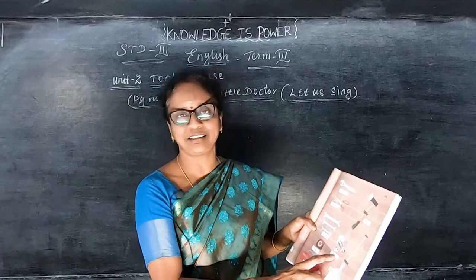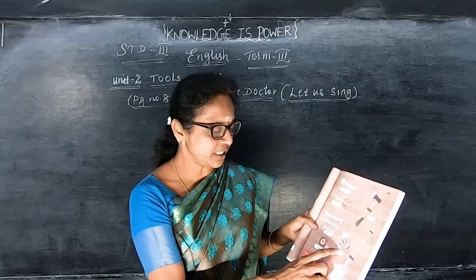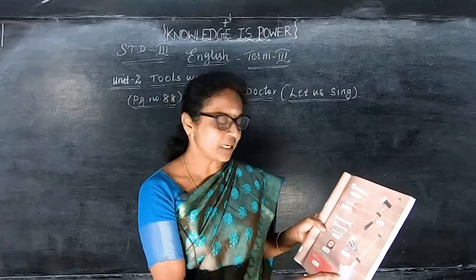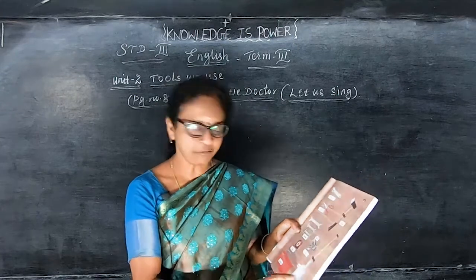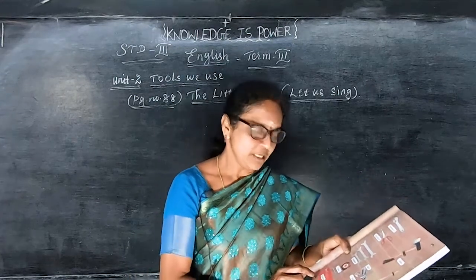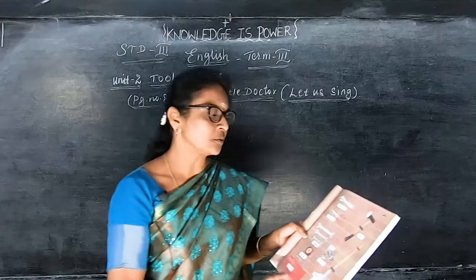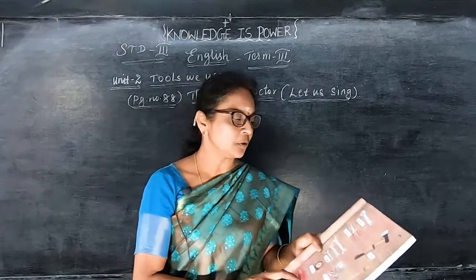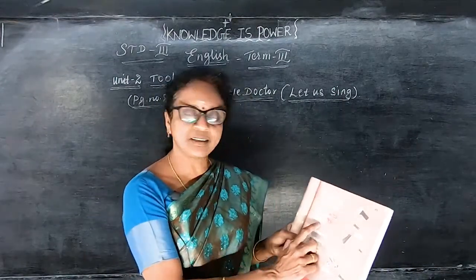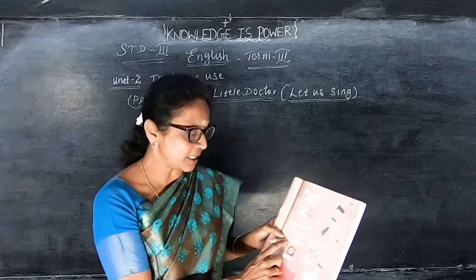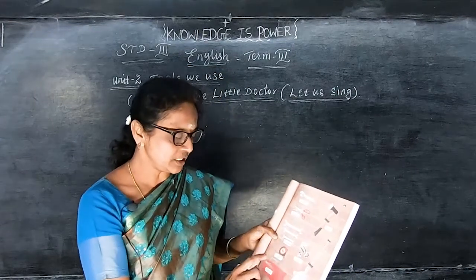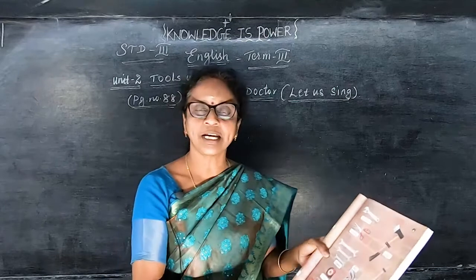This is the bolt and this is the nut. And this is the tape, and this is the spade, to take the sand. Then the toolbox, where you keep all the things. So wrench, scissors, axe, spanner, bolt, nut, tape, toolbox and spade.